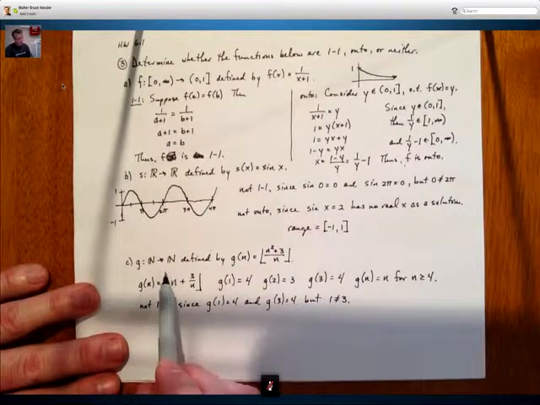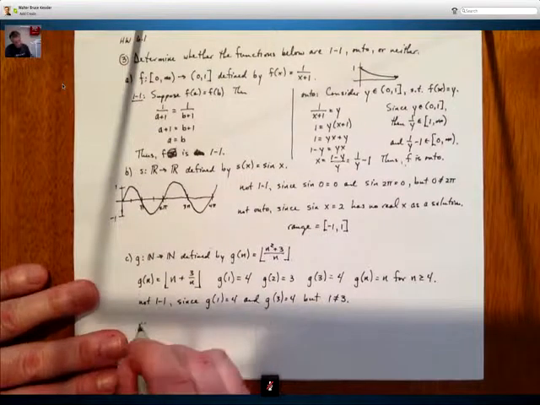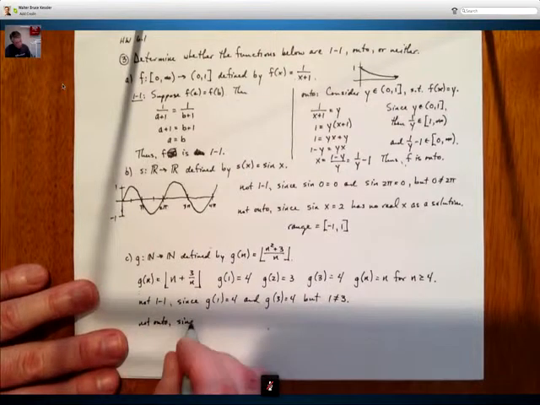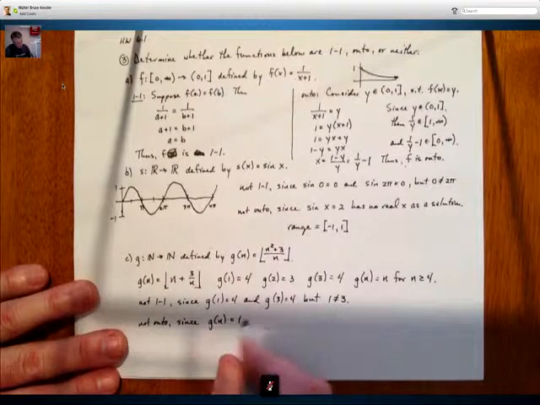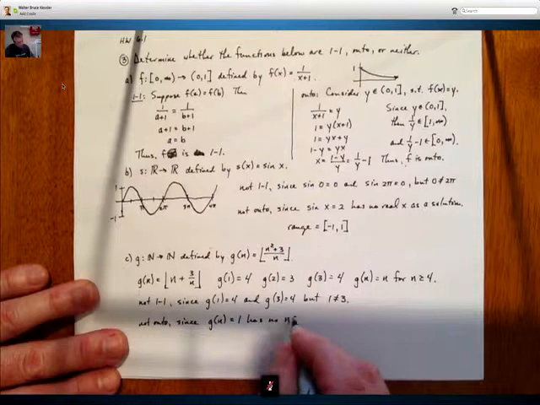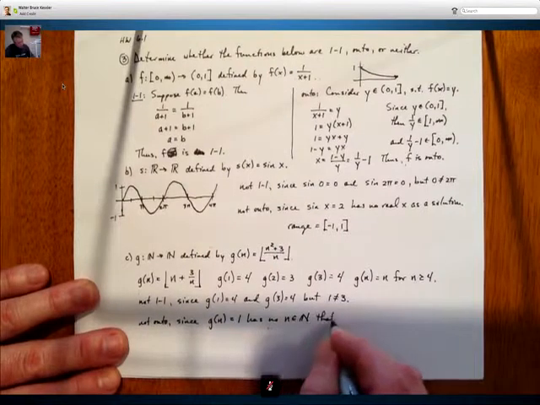Is it onto the natural numbers? Well, I don't think there's any way I can get a 1 or a 2, right? So it's not going to be onto. The equation has no n in the natural numbers.